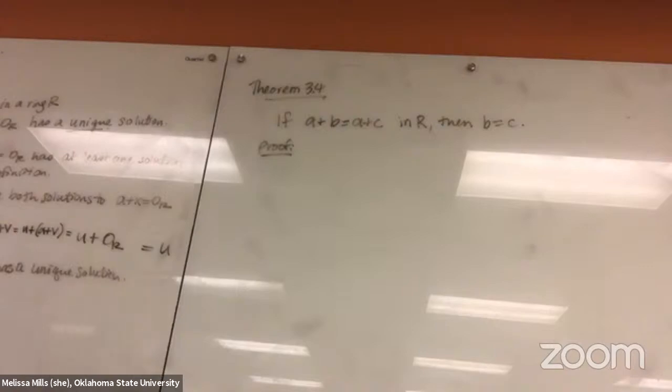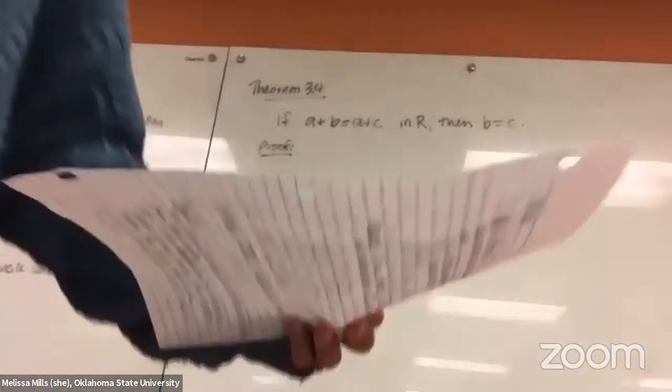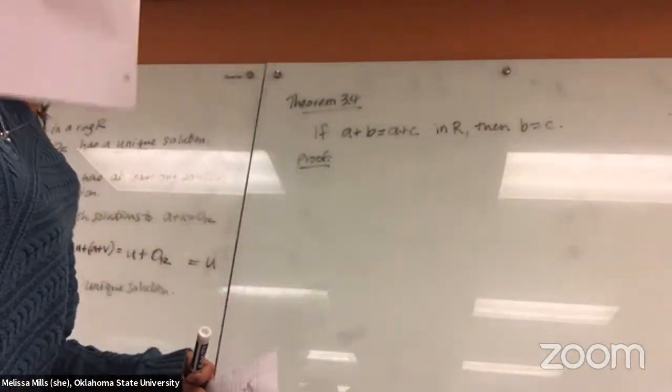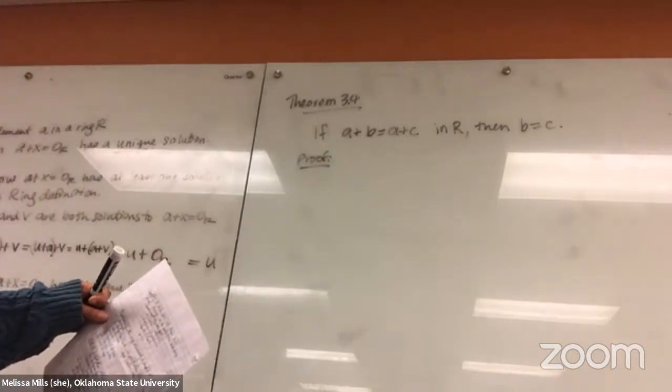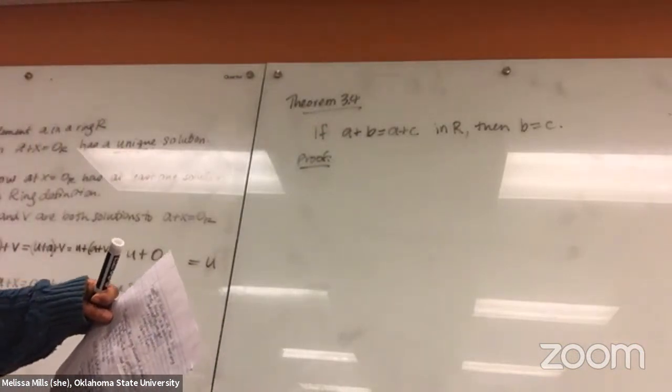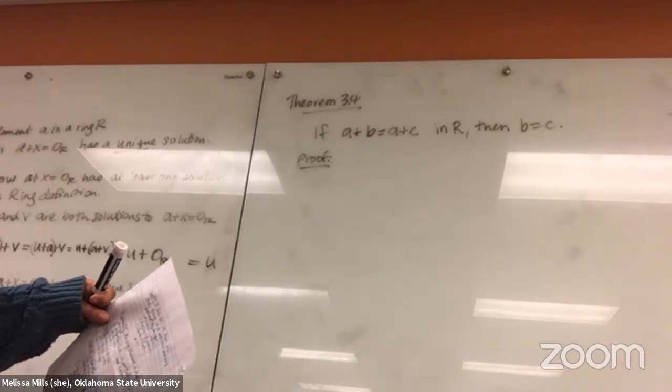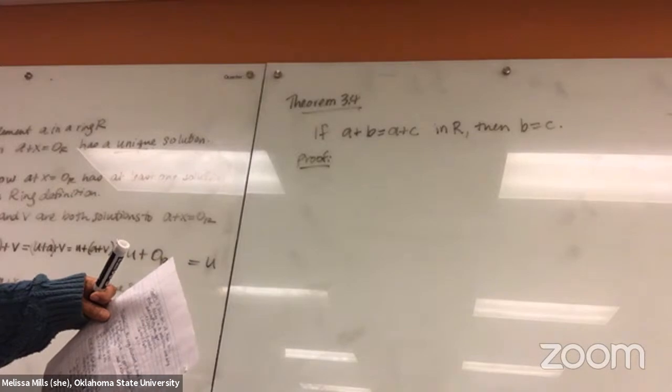Go back to our ring properties. You should probably just keep this ring definition out, if you have that handout somewhere. Do we have a negative A in a ring? Benjamin says yes. By what axiom, Benjamin? The fifth one. The fifth one, I have a negative A, right?